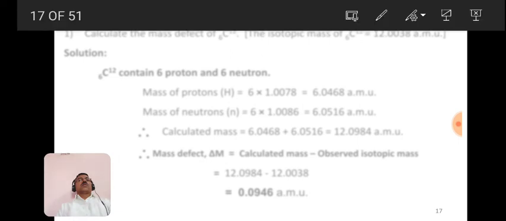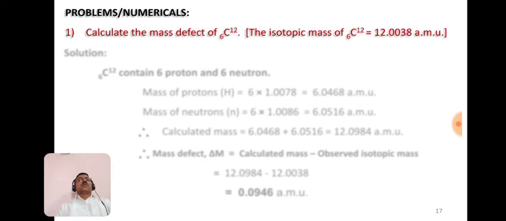So here the problem is to calculate the mass defect of carbon having atomic number 6 and mass number 12. Its isotopic mass is given, that is 12.0038 atomic mass unit. We know that carbon with atomic number 6 and mass number 12 contains 6 protons and 6 neutrons.